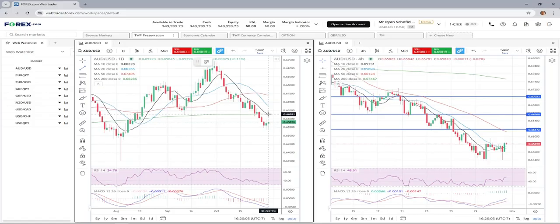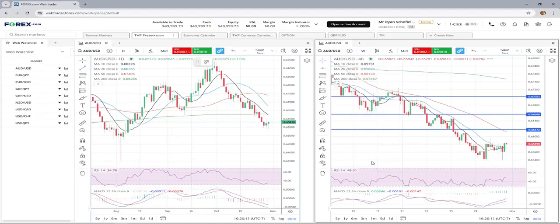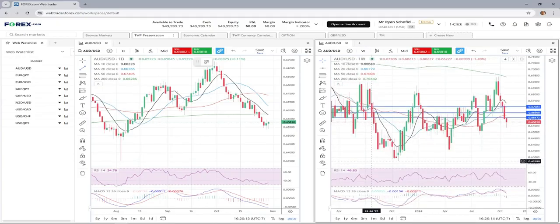And that might set up the next trade for going lower. We'd only have to compare that to the weekly chart to see if we have everything set up. The weekly chart is doing something a little bit different. It's going higher. So all of a sudden the daily chart going lower may not look all that great.